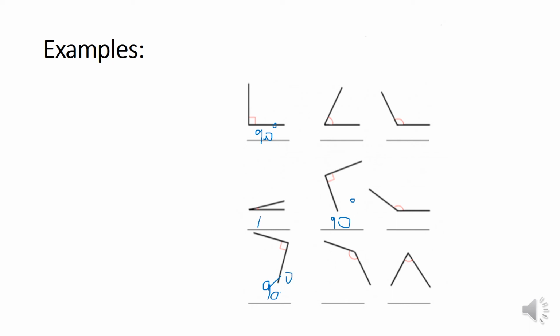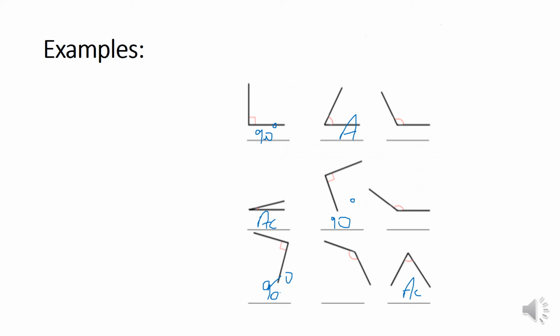An acute angle. Why? Because its magnitude is greater than 0 degrees but less than 90. So this one is acute. This one is also acute. It's greater than 0 but less than 90. This one also is acute. It's greater than 0 but less than 90.